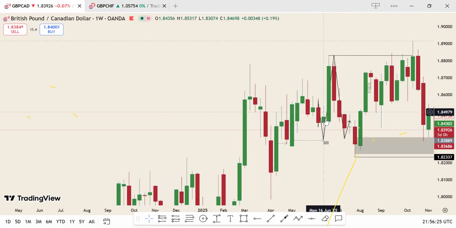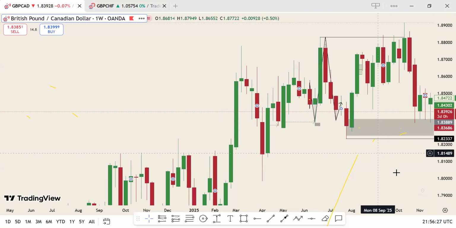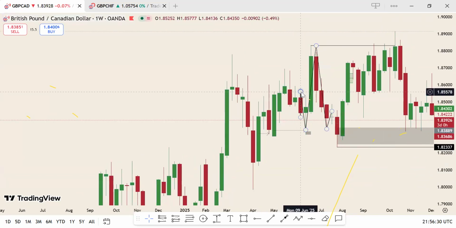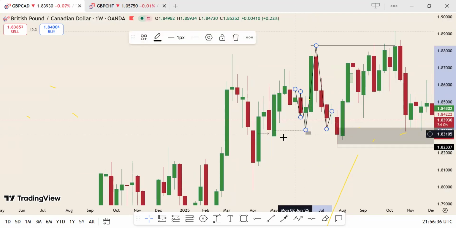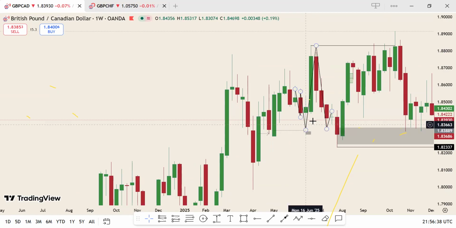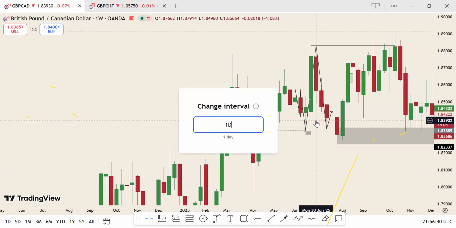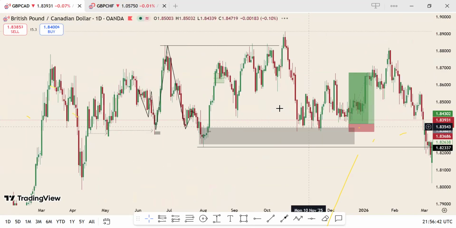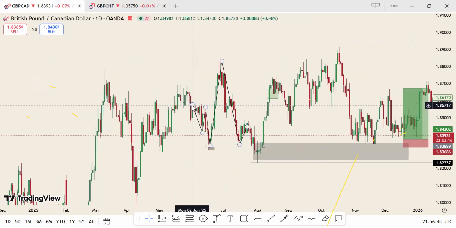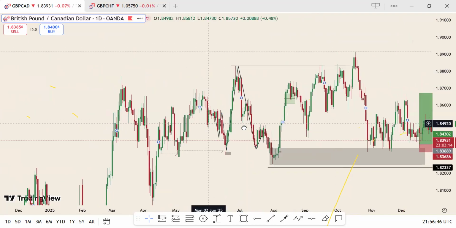So as you can see, when we came to the daily time frame, you can see that to the weekly time frame, your sweep on the daily time frame disappeared. Let me show you so that it's still clear to you. So look at the sweep on the daily time frame, this low, right?